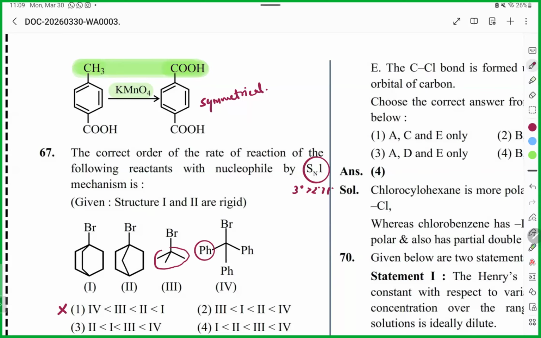In this you have the hyperconjugation effect. Correct?